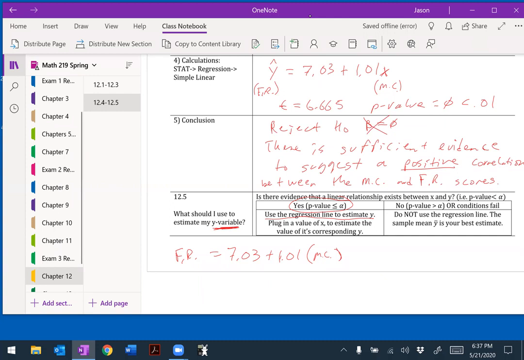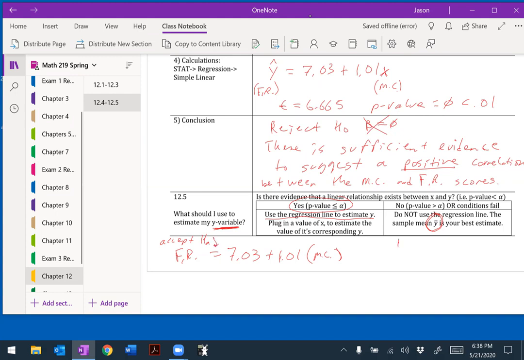In that case, to get the y value, I would use the sample mean of the y values, y bar. So if we accept HA, our alternative hypothesis, then we use the regression line.